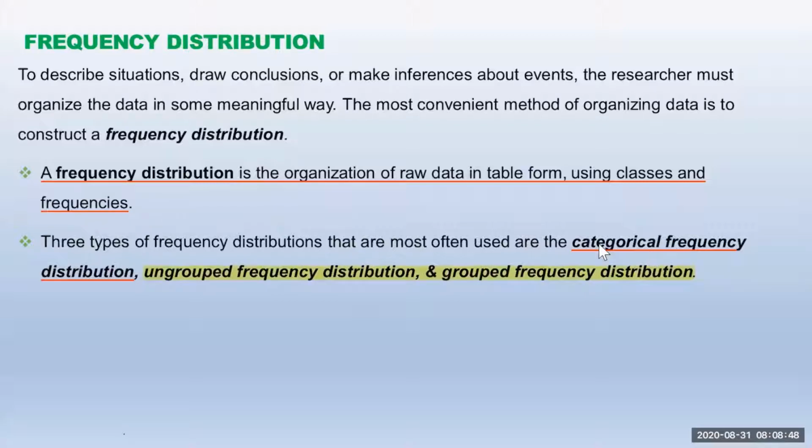So the categorical frequency distribution is for categorical data, and these two are for numerical data, and they are of two types: ungrouped frequency distribution and grouped frequency distribution.